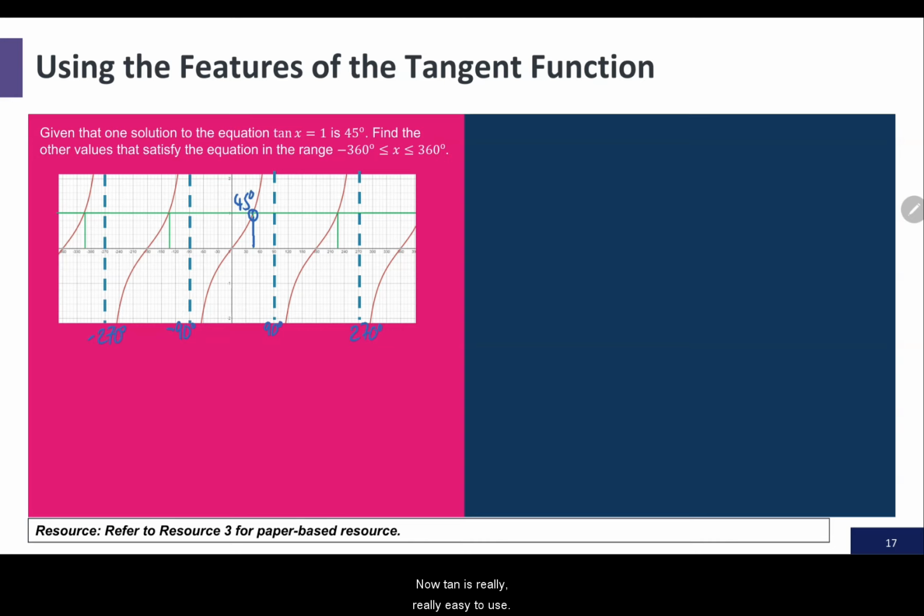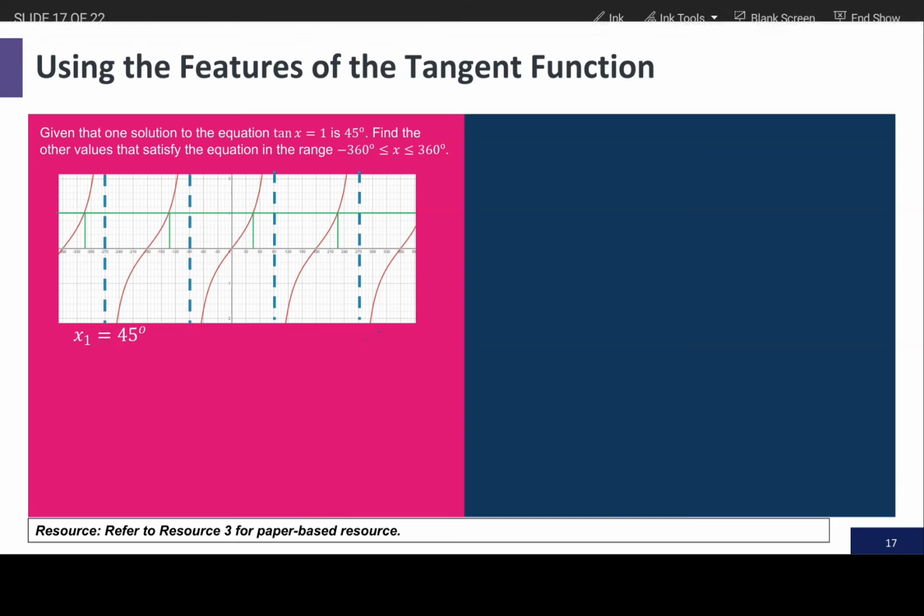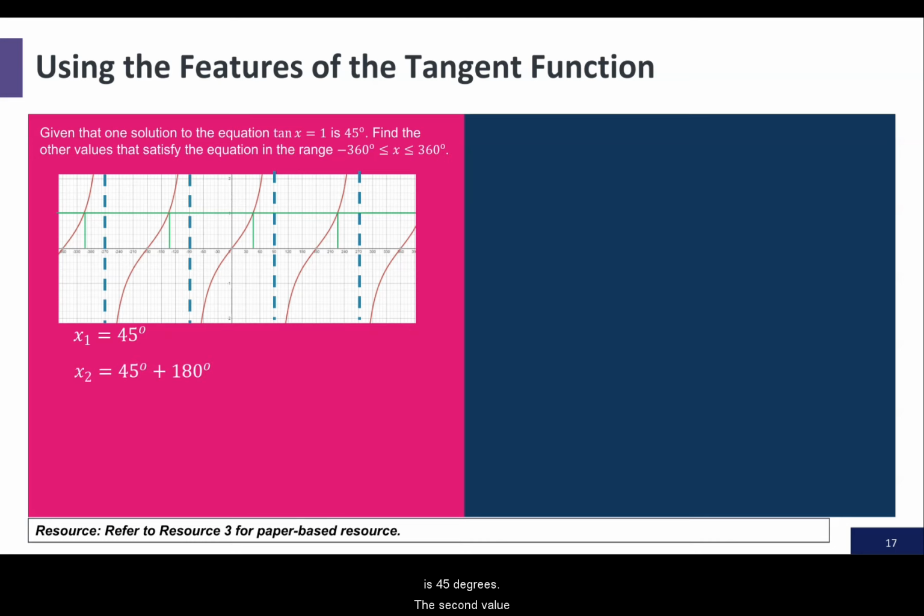Now, tan is really, really easy to use. All you do is get your solutions and add and subtract 180 degrees. So the first value there is 45 degrees. The second value is 225 degrees.